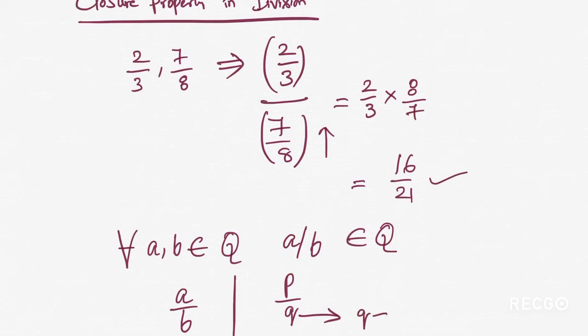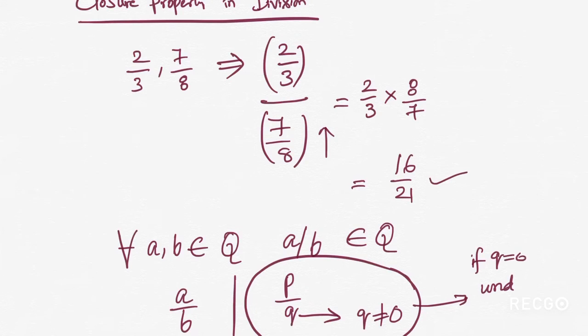What we have earlier said, q should not be equal to 0, because otherwise the number will be undefined. If q equals 0, the number will be undefined. Therefore 0 by 0 is also undefined. This is the closure properties of rational numbers.